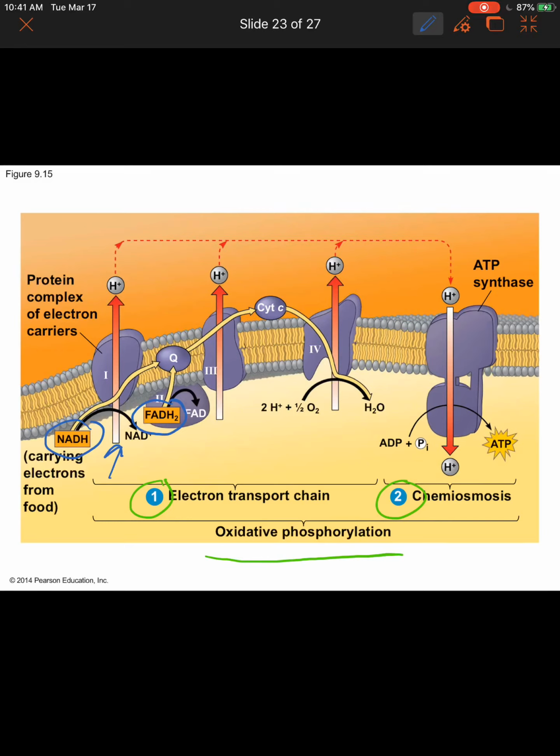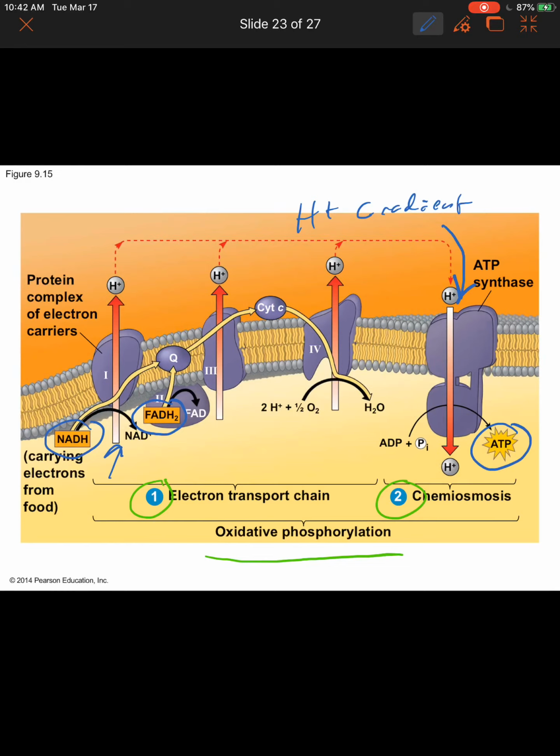So we have an H+ gradient here in the intermembrane space. Protons flow back through ATP synthase, give off their energy, and ATP synthase produces a large amount of ATP in the way I talked about.